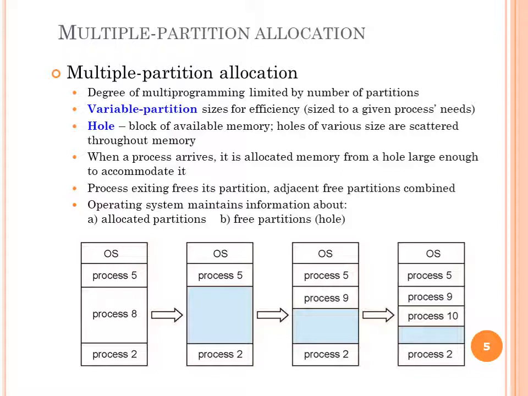This procedure is an instance of the general dynamic storage allocation problem, which concerns how to satisfy a request of size n. So, as shown in the next part of the same figure, the memory returned by process 8 is allocated to two processes, process number 9 and 10, and we have one small hole left over here.